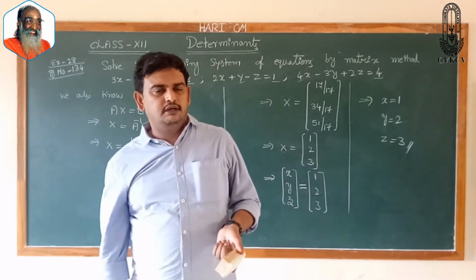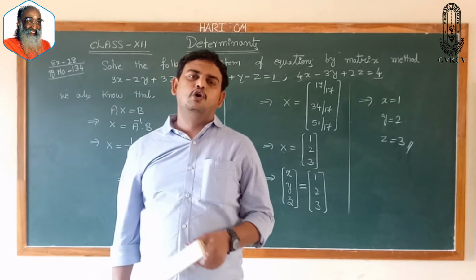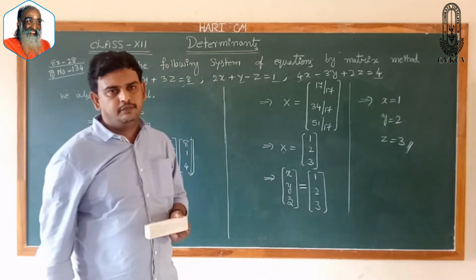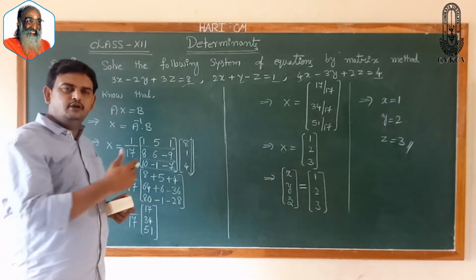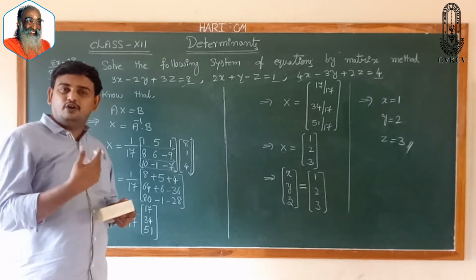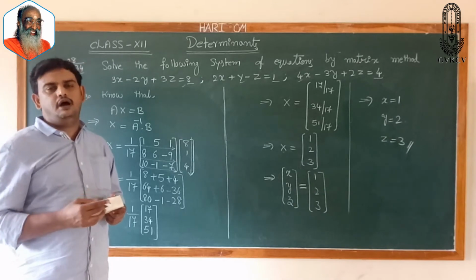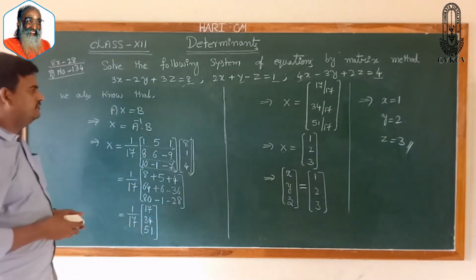When it satisfies, our answer is correct. When it doesn't satisfy, our answers are wrong. That verification also you can do, so that you need not depend on anyone and you need not hesitate whether our answer is correct or not. You yourself can assess your answer whether it is right or wrong. Let us see the verification.